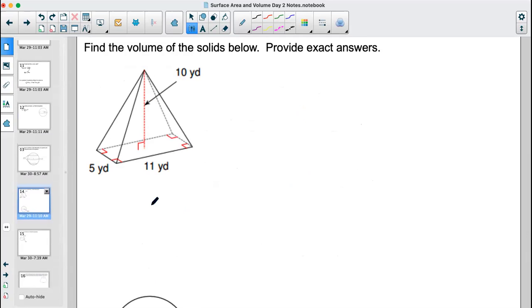Provide exact answers. Okay, so this is a pyramid. The volume of a pyramid is 1/3 times the base times the height. Remember that capital B stands for the area of the base. It's not a distance, it's the area. This is nice, they give me all that information. The area of the base is a rectangle, so it's 5 times 11, which is 55. And the height is 10.